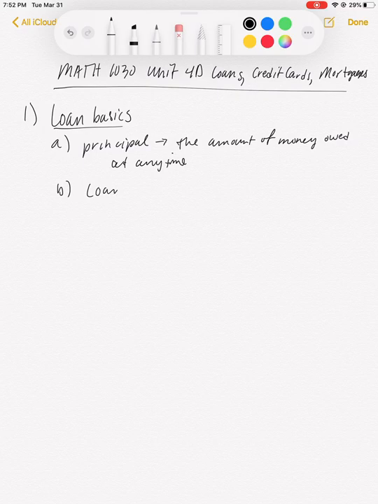Loan term is the amount of time you have to pay back the loan in full.